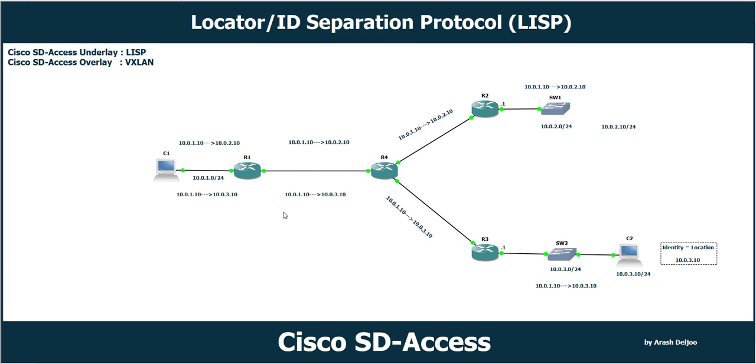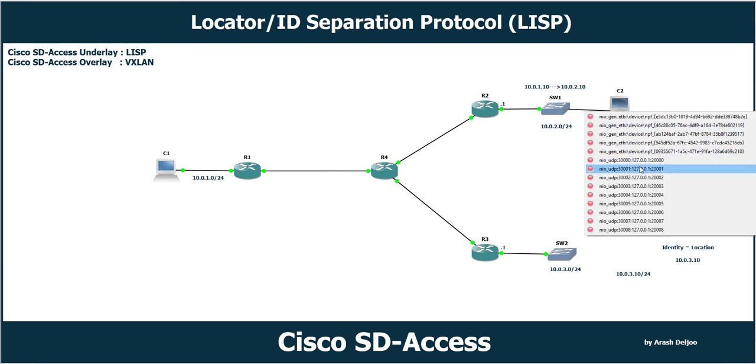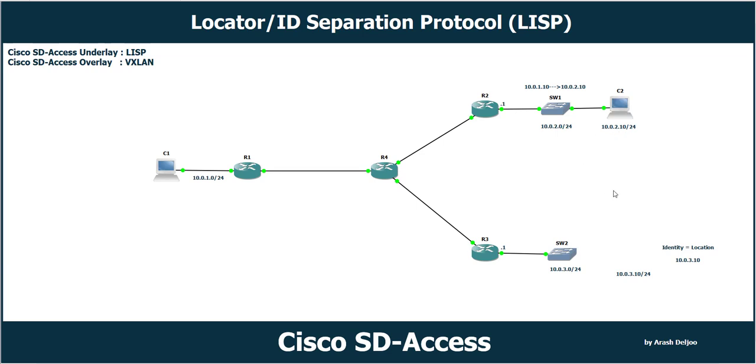Okay, let me explain it. What is happening here? As you know, again, we have a computer 2, and this computer 2 is in the network 10.0.2.0. Actually, here, the IP address of this computer is 10.0.2.10.